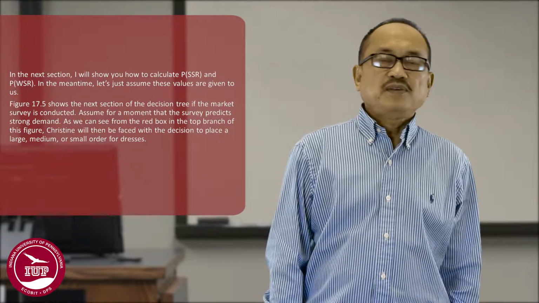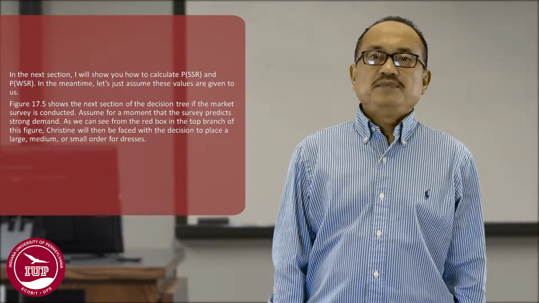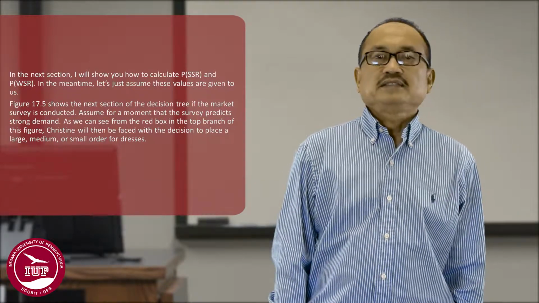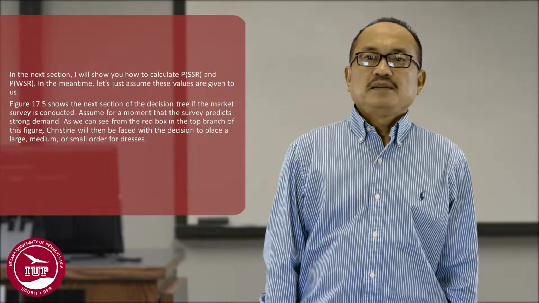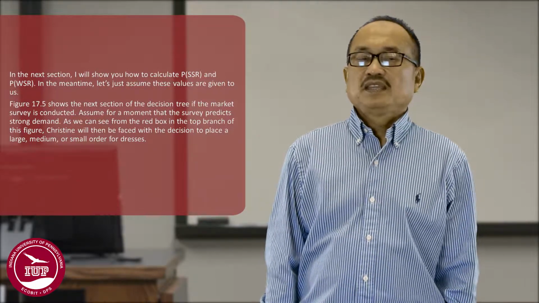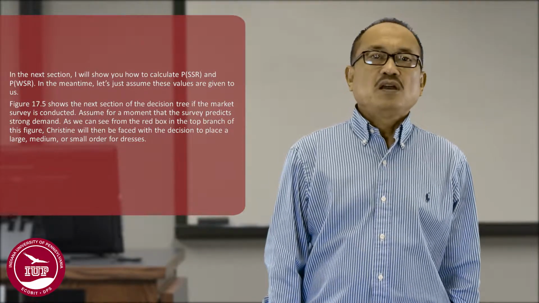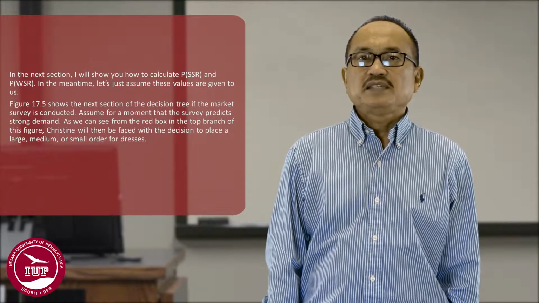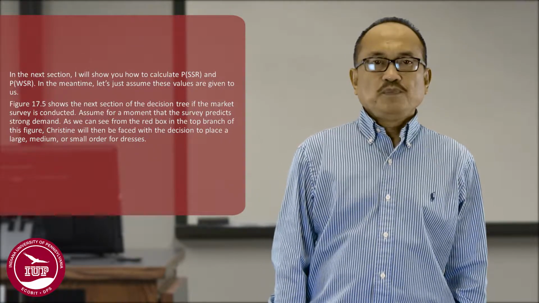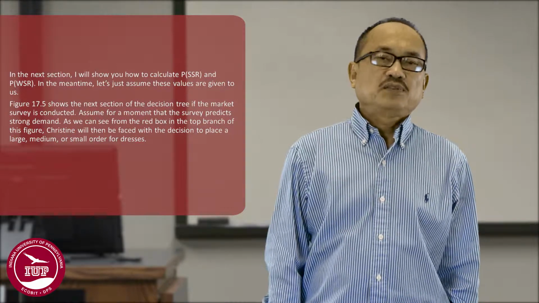Figure 17.5 shows the next section of the decision tree if the market survey is conducted. Assume for a moment that the survey predicts strong demand. As we can see from the red box in the top branch of this figure, Christine will then be faced with the decision to place a large, medium, or small order for the dresses.